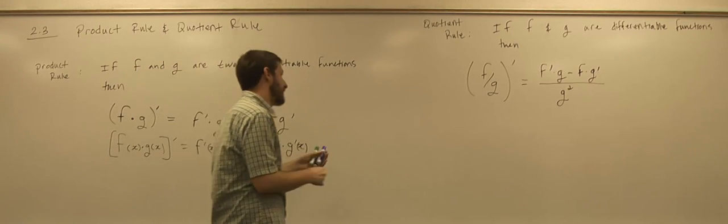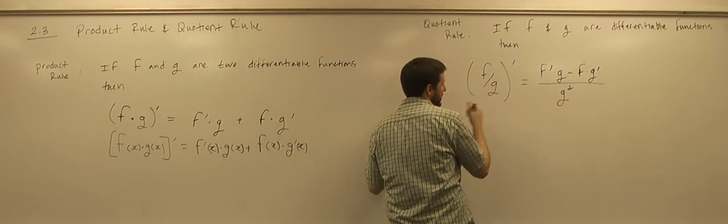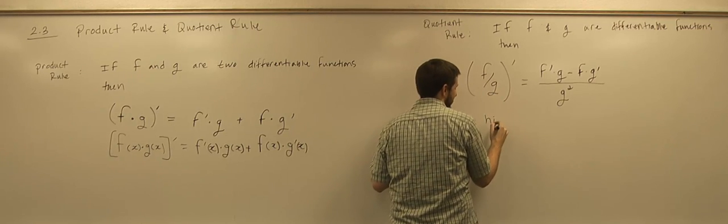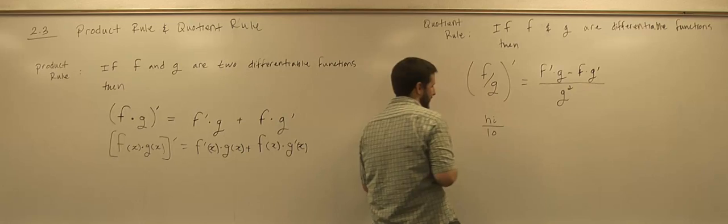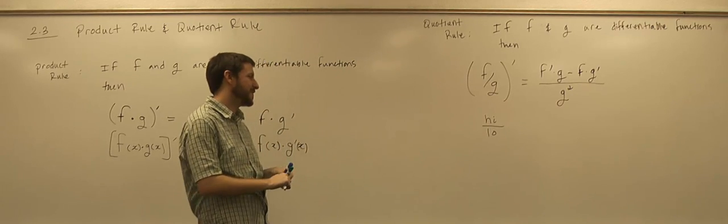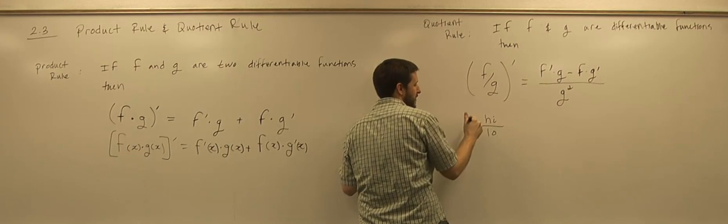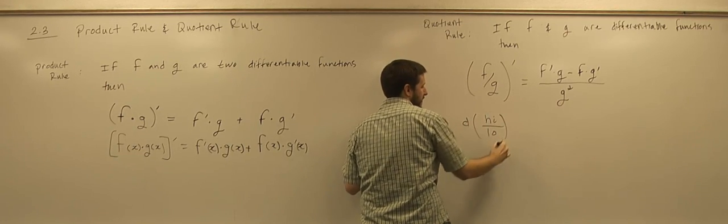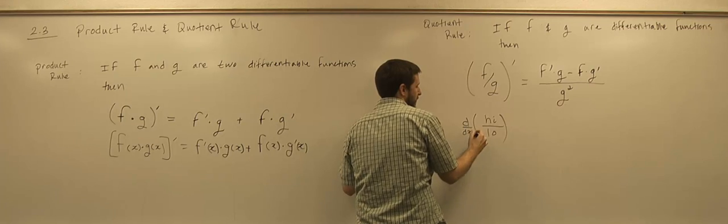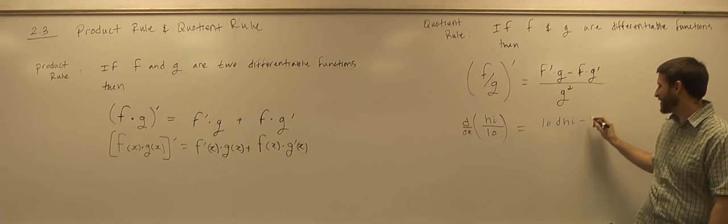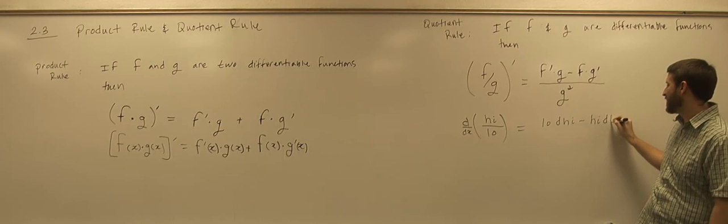Some people have a rhyme for it. If you have high over low, high is the top function, low is the bottom function, and you want to do the derivative: low d high, minus high d low.